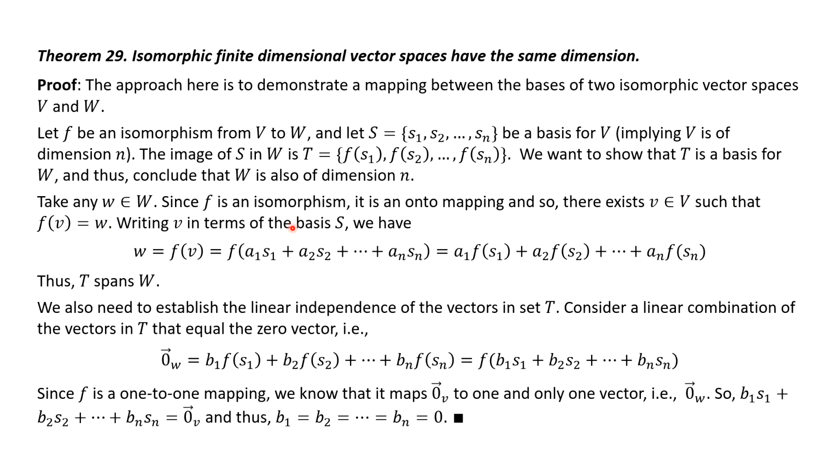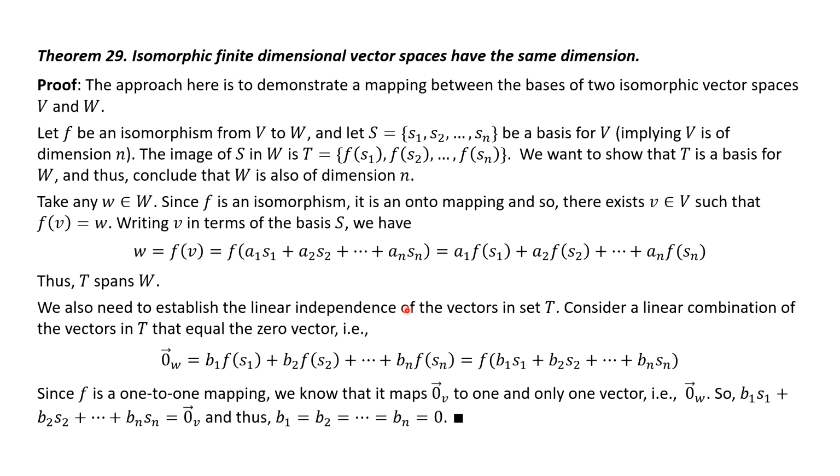We can write v in terms of the basis S. So we have w equals F of v, and then writing v as a linear combination of the basis vectors, we can expand that out this way using the linearity property, which works even if you have a linear combination of n things. It's just by induction. And so any vector w in our vector space capital W can be written as a linear combination of the vectors in T. So in other words, T spans W.